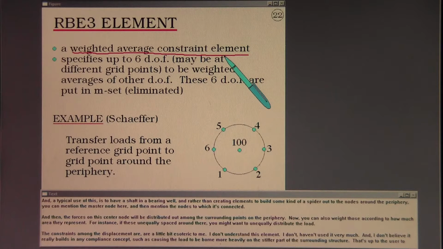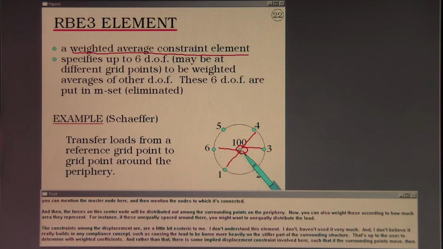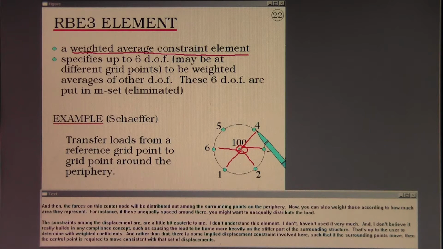And a typical use of this is to have a shaft in a bearing well, and rather than creating elements to build some kind of a spider out to the nodes around the periphery, you can mention the master node here, and then mention the nodes to which it's connected, and then the forces on this center node will be distributed out among the surrounding points on the periphery. Now, you can also weight those according to how much area they represent. For instance, if these are unequally spaced around there, you might want to unequally distribute the load.